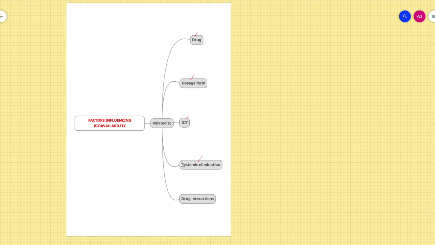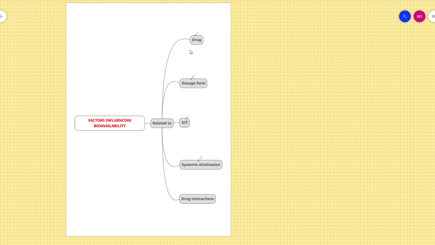So whatever we take as a drug, it goes into the hepatic portal system, it goes into the liver and gets chemically modified, and then it gets eliminated. So that is systemic elimination. And drug interactions.